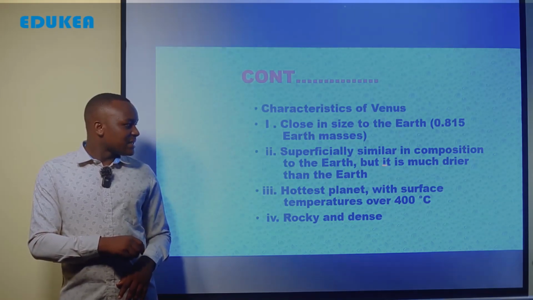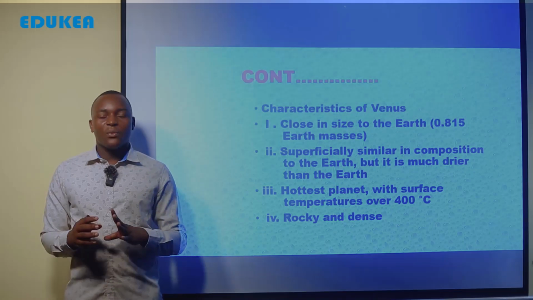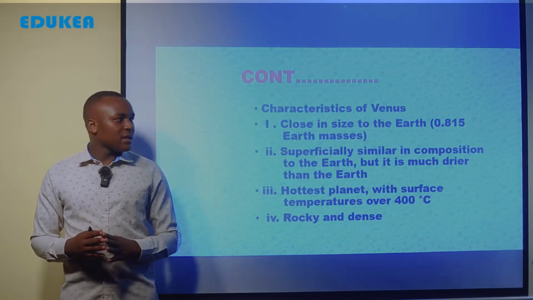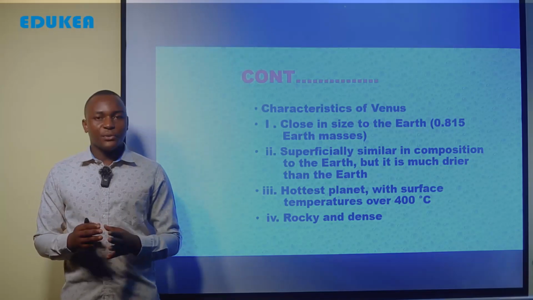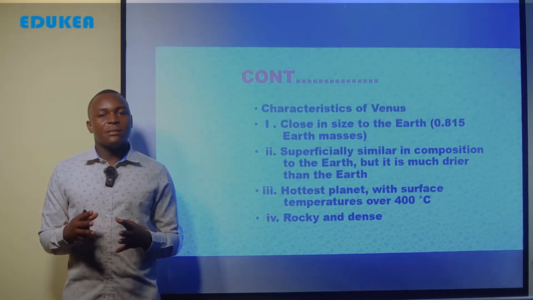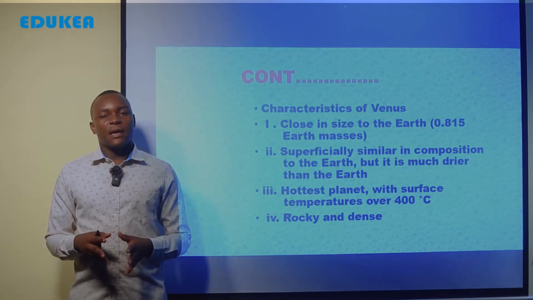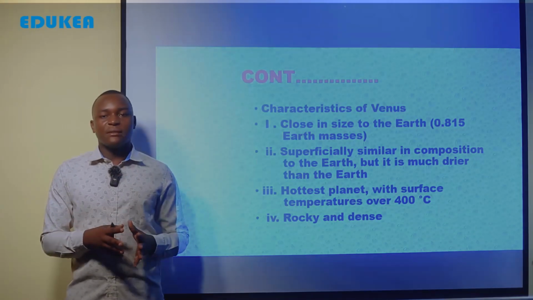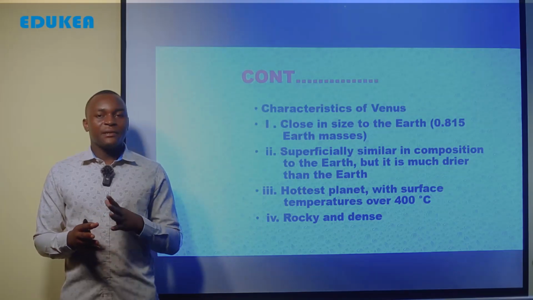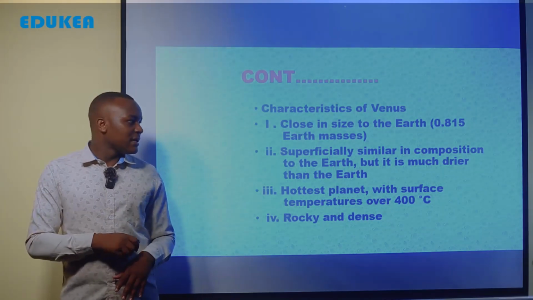Kwamba when you compare Venus and Earth, they are superficially similar in composition, meaning the compositions found in the Earth are also found in Venus. But the difference is that Venus is much drier than the Earth.